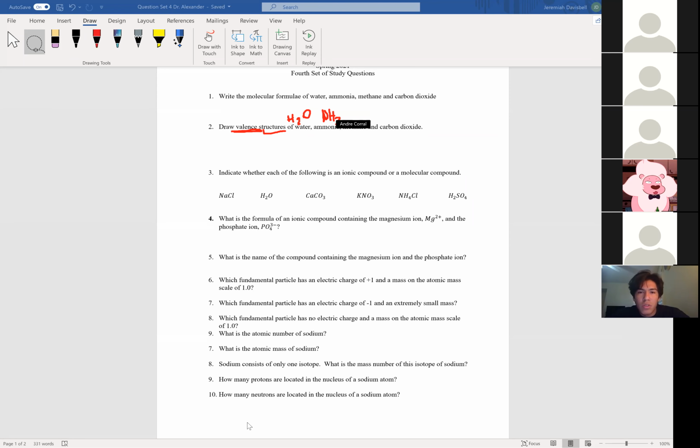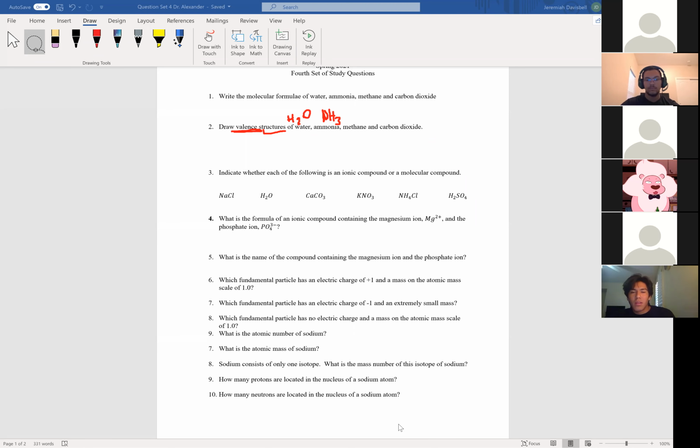Does anybody know how we would start for water? Water is H2O. First you choose which element goes in the center. You never put hydrogens in the center, because they can't make more than one bond.